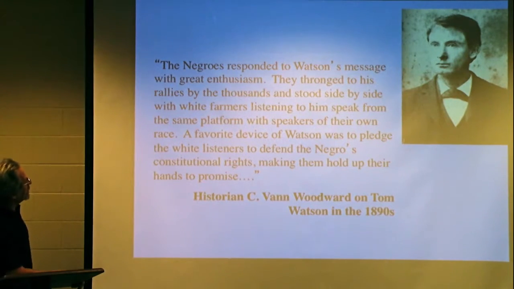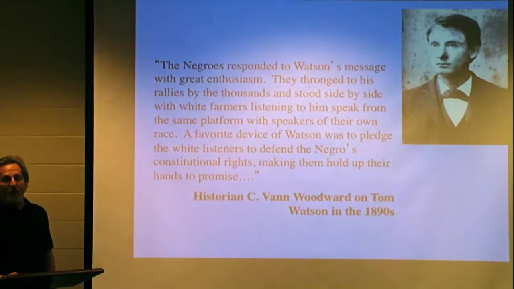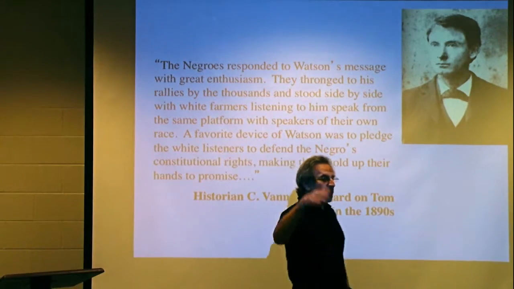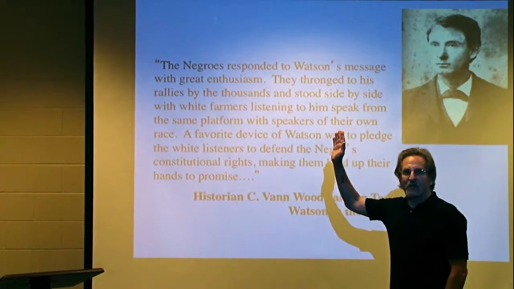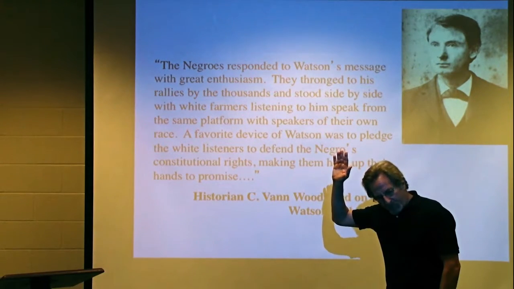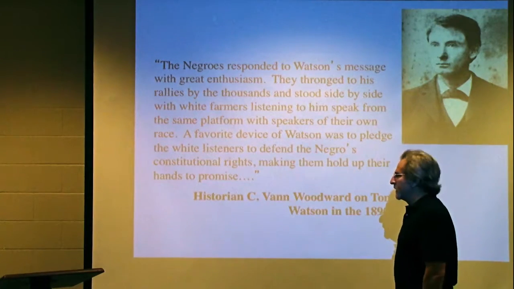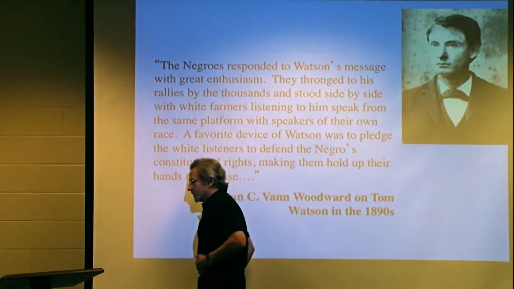They thronged to his rallies by the thousands and stood side by side with white farmers, listening to him speak from the same platform with speakers of their own race. A favorite device of Watson was to pledge the white listeners to defend the Negroes' constitutional rights, making them hold up their hands to promise. So Watson would stop the campaign rally and ask all the white farmers to raise their hands and pledge their support for the maintenance of the rights of the black farmers.